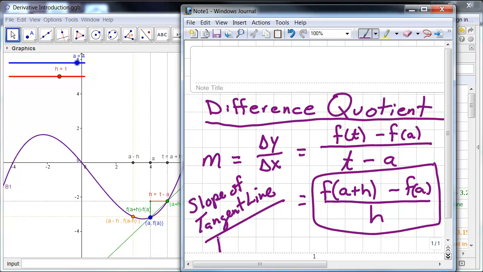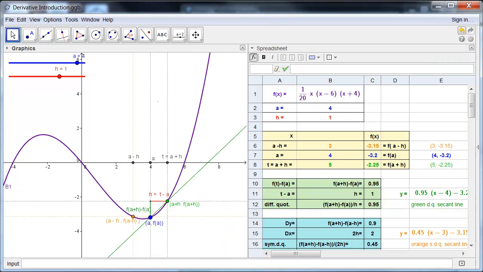This is also the average rate of change in the function over that interval. So it's the average rate of change, or the difference quotient. Okay, it's just a slope. So basically something you've been doing since intermediate algebra, algebra 1, somewhere back there.